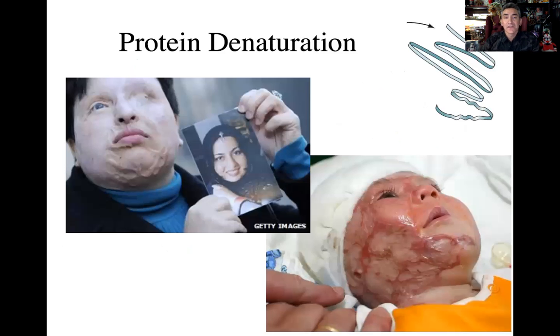So I stole these pictures off the internet here, but I see a baby that's gone through some sort of burn. This lady, I think she was in some sort of traffic accident, I'm not sure. But in everyday English, we would say, oh, that's a burn, right? Burn of heat, burn of some chemical situation, right? When we talk about burn at the chemical level, we talk about denaturation, right? The heat was too intense for this skin protein, so that skin protein has been denatured. That little ear is just gone, you know?